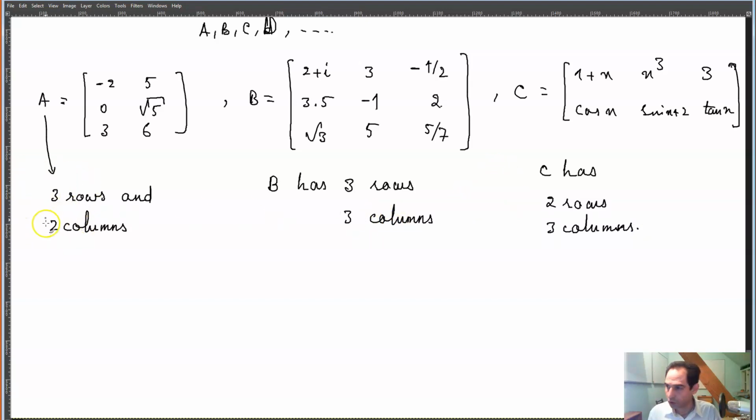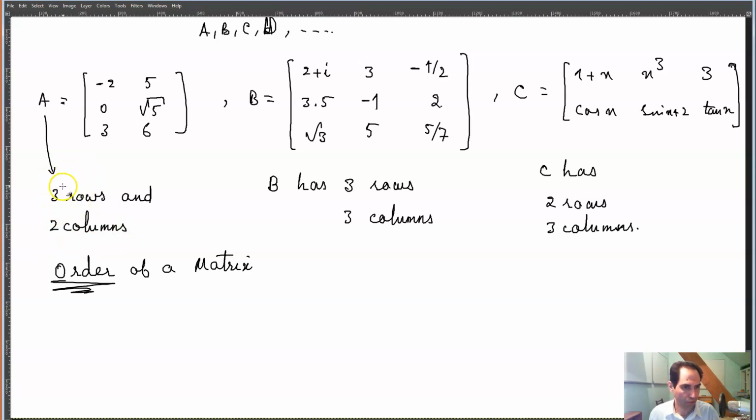And that brings us to the discussion of the order of a matrix. What that means is that we usually denote matrices by an order, and the order is determined by the number of rows and the number of columns that the matrix has.